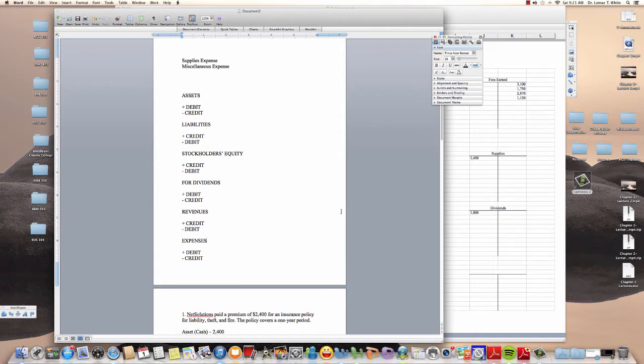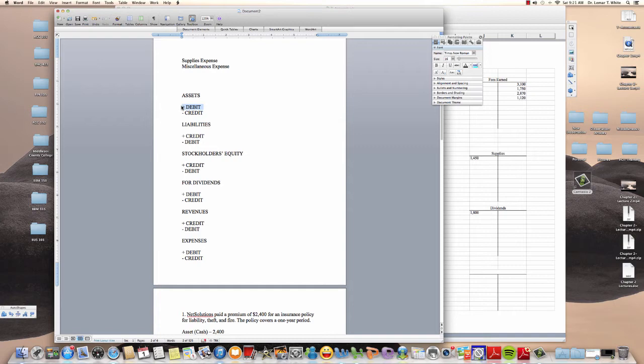If we look at our Word document, we see that for assets, debits increase our assets. So that means that assets have what we call a normal debit balance.